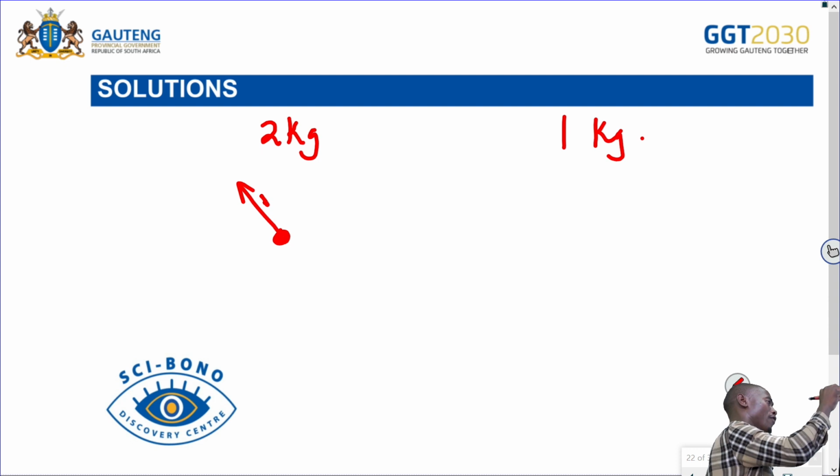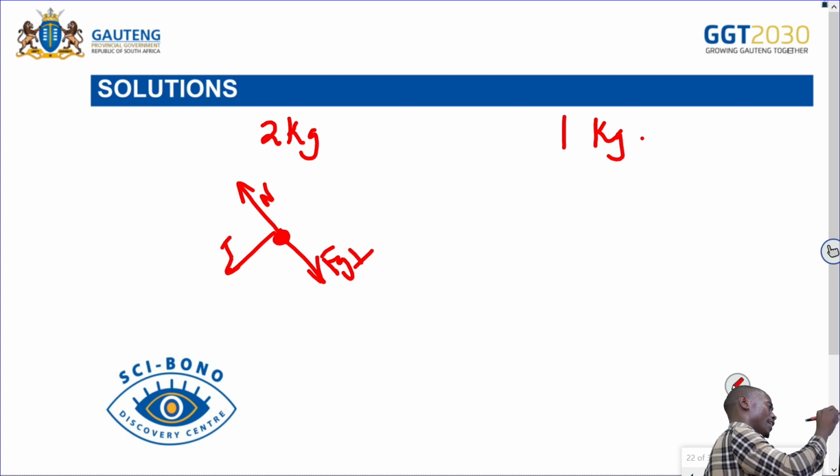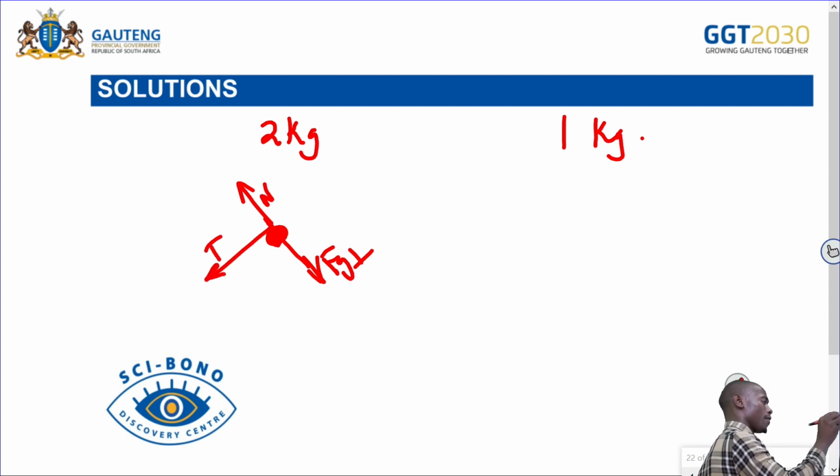I have the normal force, but now I'm resolving, so I would have Fg perpendicular, Fg parallel, there's tension, and there's friction.